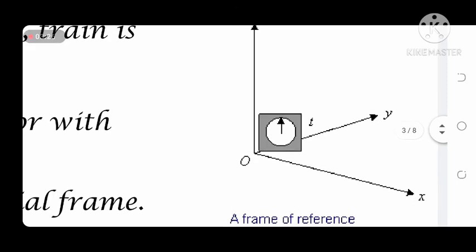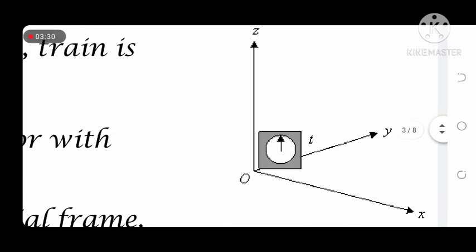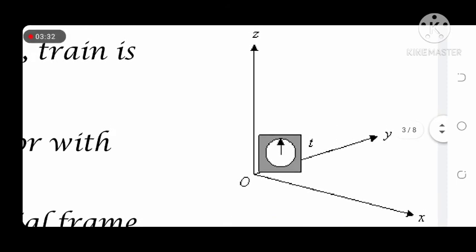This is a three-dimensional coordinate axis, x, y, and z, and a body shown in the box. If it moves, then its measurements such as displacement, velocity, acceleration can be measured relative to this frame, that is from the origin, at any time t.